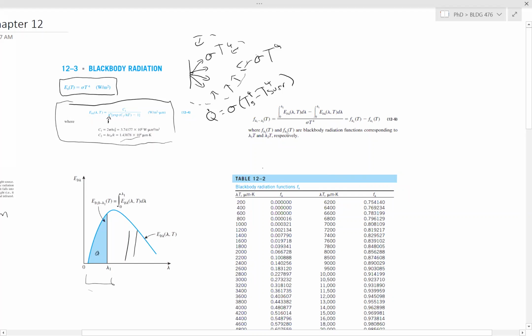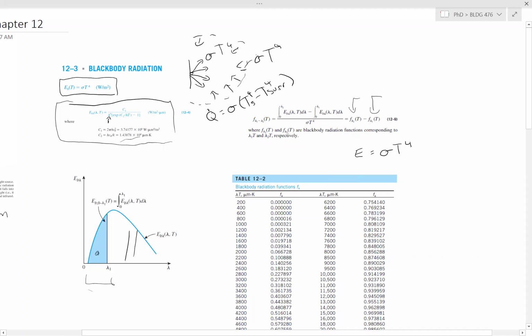But we don't actually use this equation. What we'll use instead is this table. Rather than having to do the integration, this table tells us the fraction, the difference between our upper bound wavelength and our lower bound wavelength, of our total radiation that is in the wavelength range we're interested in. And our total radiation is, of course, that equation we talked about.